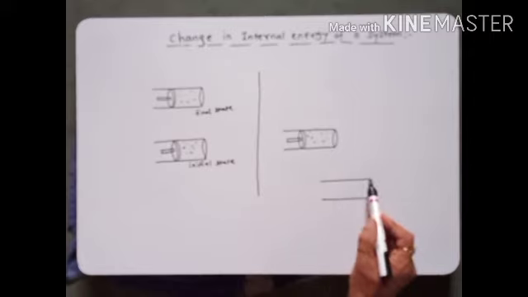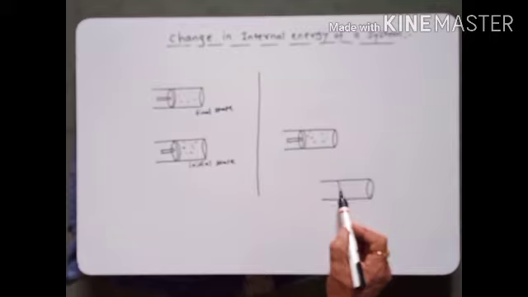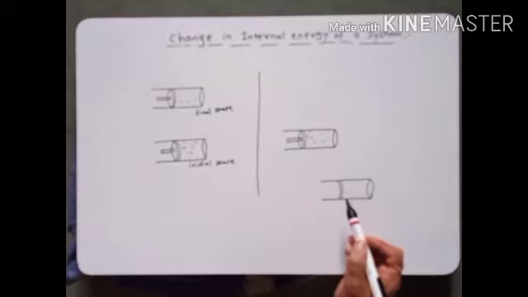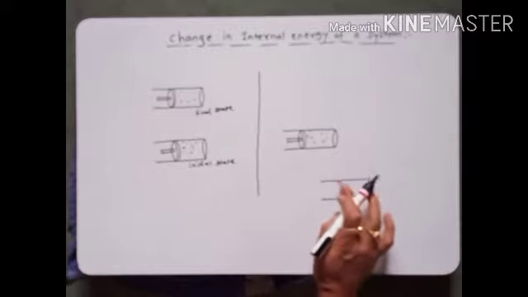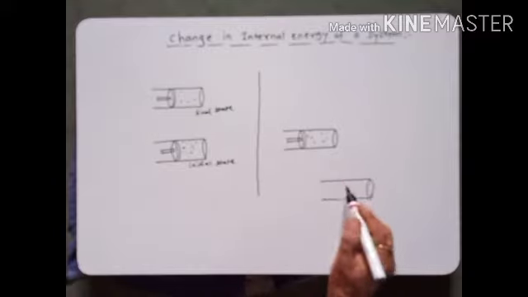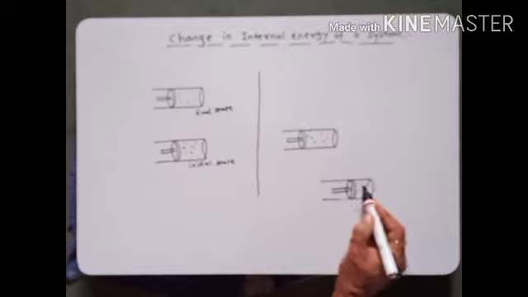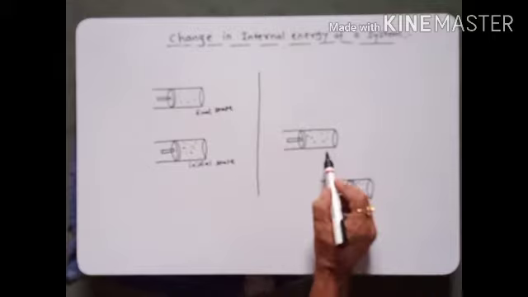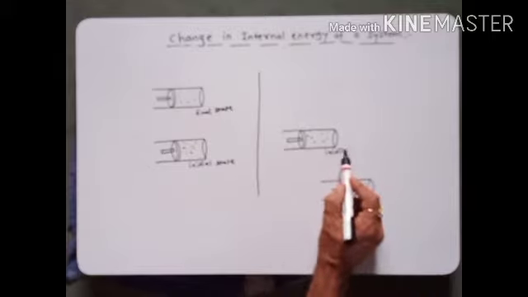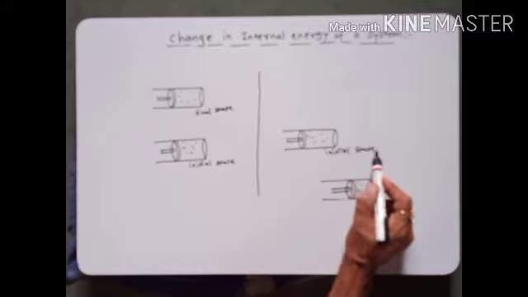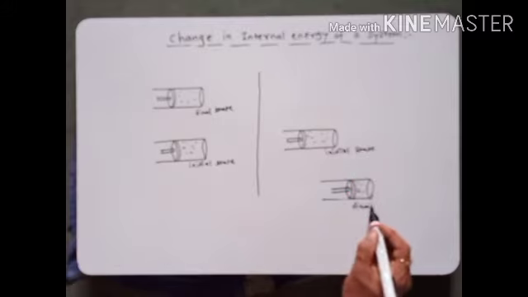Same cylinder, same area of cross section. We consider here the position of the piston changed. Same gas. Here this is the initial state in this case, and this is the final state.